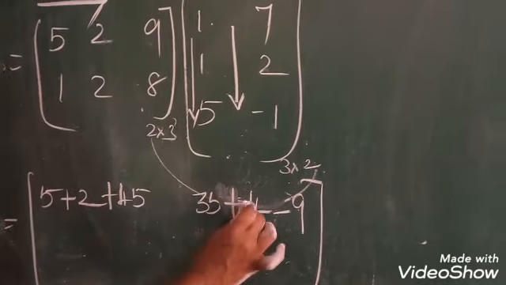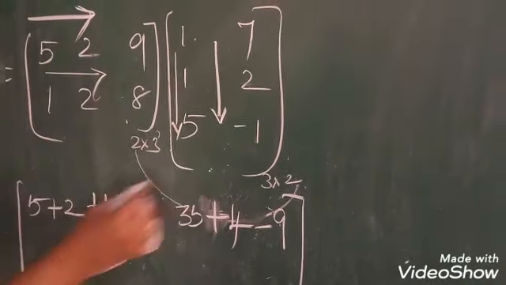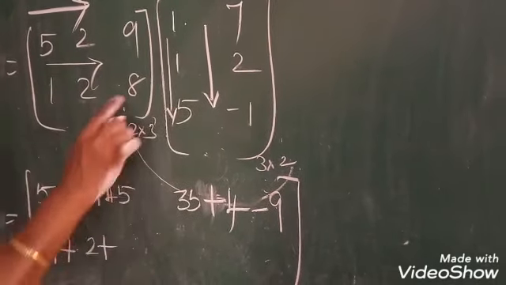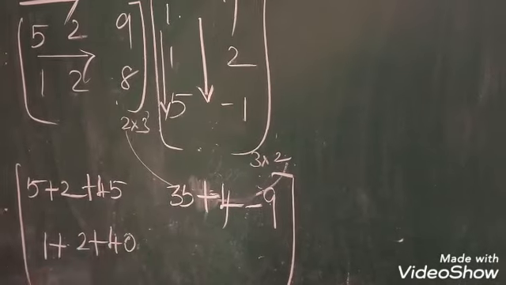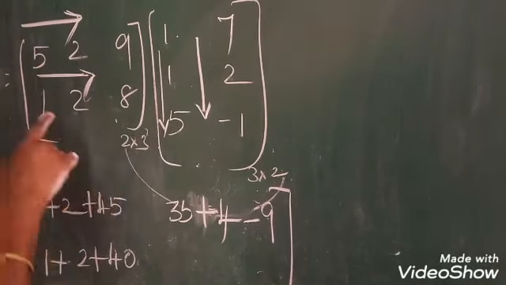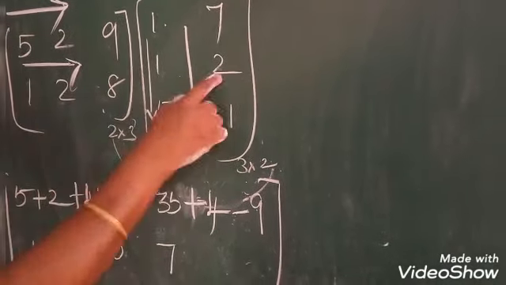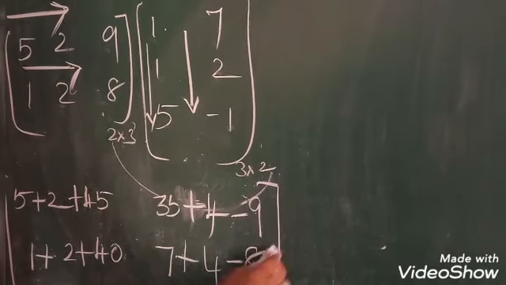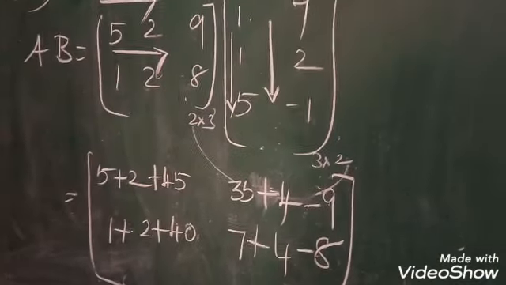Then second row, first column: 1 into 1, then 2 into 1, plus 8 into 5. Now second row, second column: 1 into 7, then 2 into 2, then 8 into minus 1.